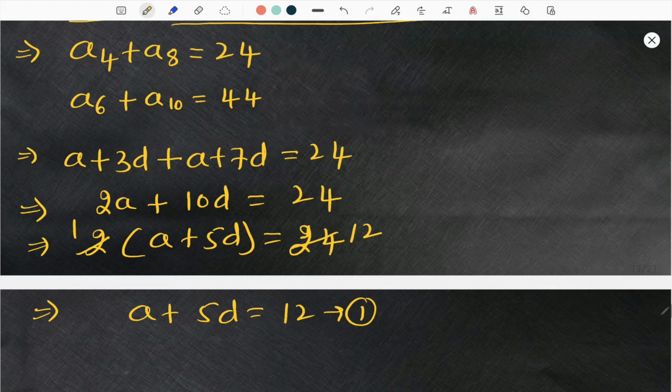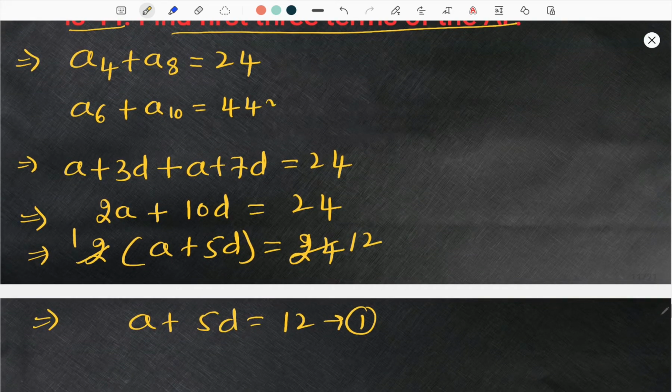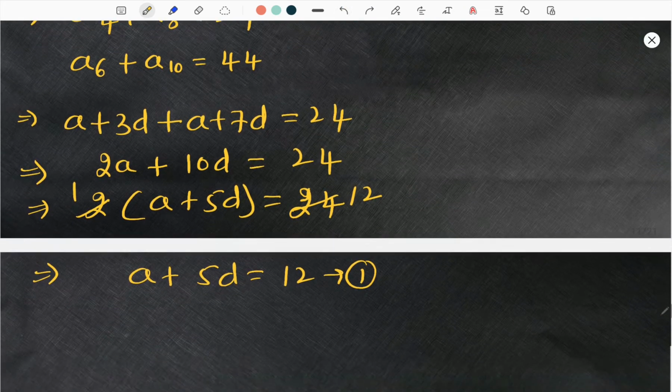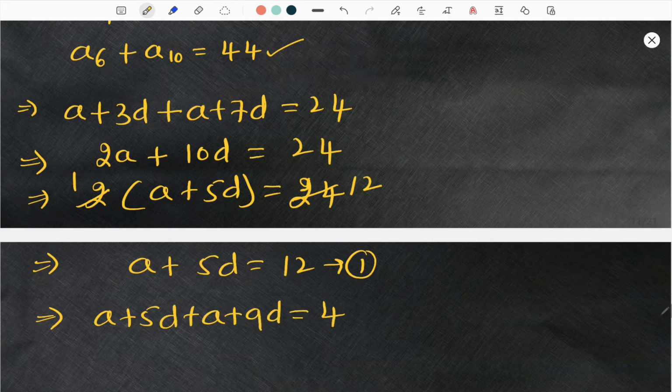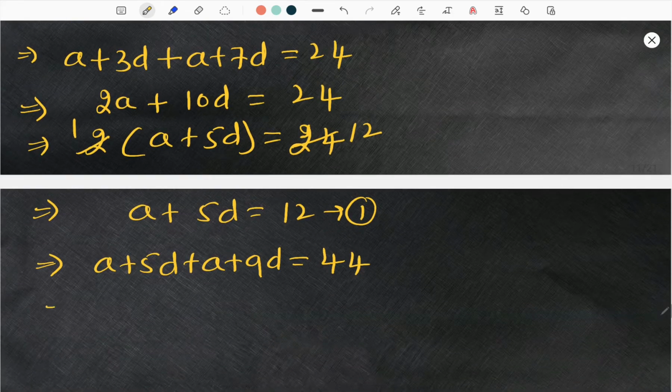Alright, similarly I am going to form another equation by using the second input. A6 I am going to write as a plus 5d, plus a10 as a plus 9d, is equal to 44. Alright, so a plus a is 2a, plus 5d plus 9d is 14d, is equal to 44.